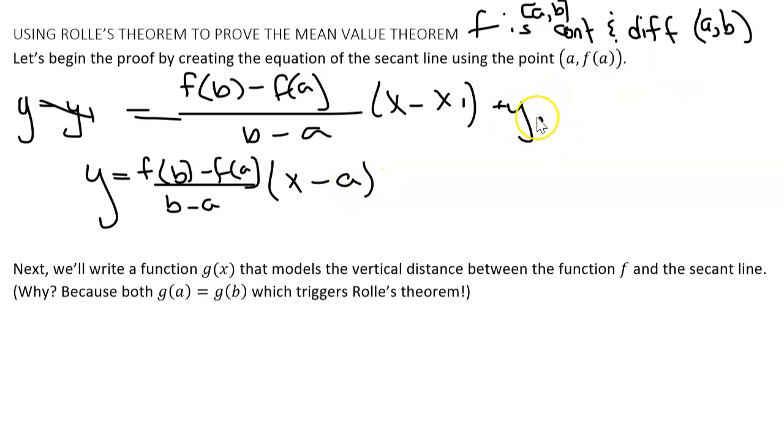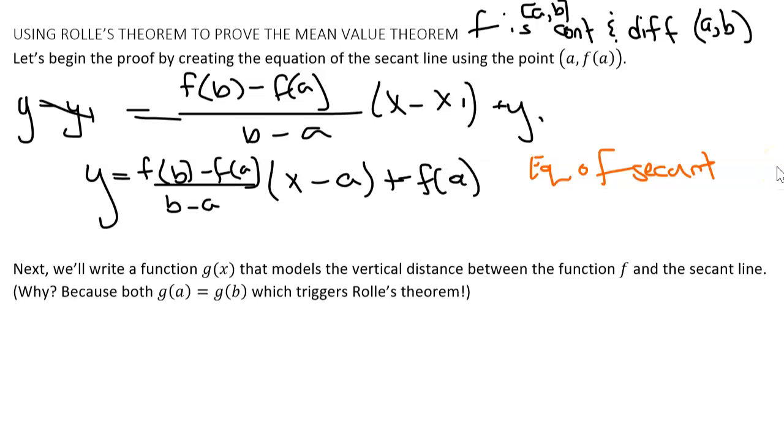And then instead of y1, we're going to put plus f(a). So this is the equation of our secant line. And remember, the secant line is just a line that connects 2 points on the curve of the function.